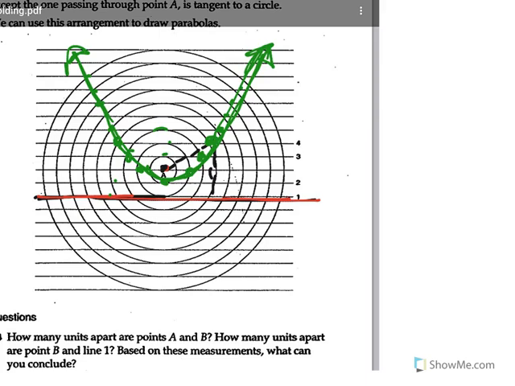Now if instead I want to use a different line as my directrix, let's say instead of using this line, I use this line here, which is closer to the focus, and I'll use a different color for my parabola. Now, points that are 1 away from A and 1 away from line 2 are actually on this small circle, but on the first line above it.